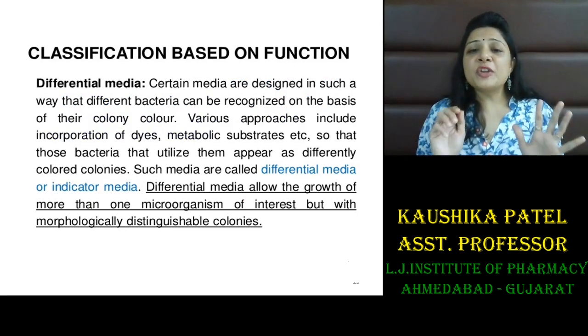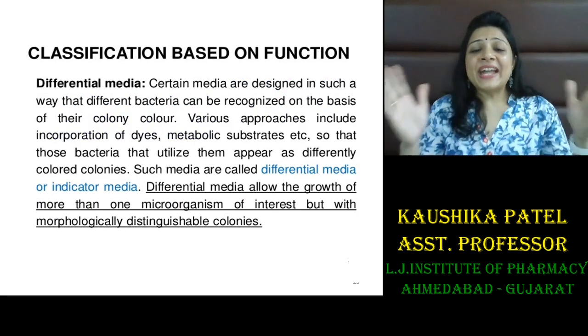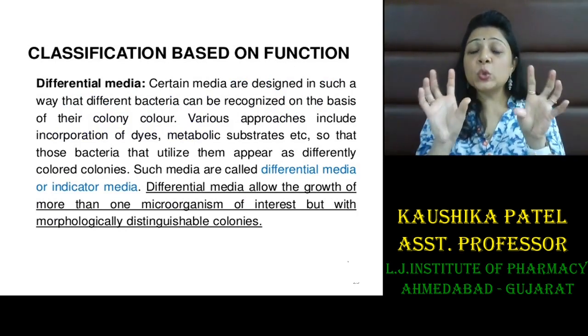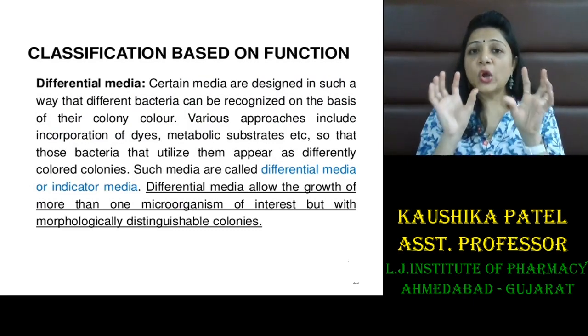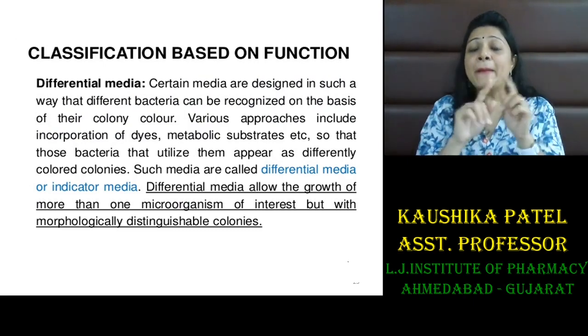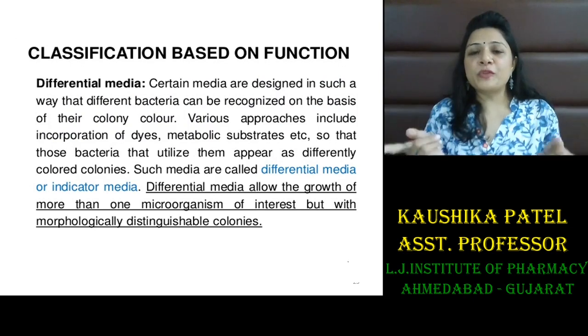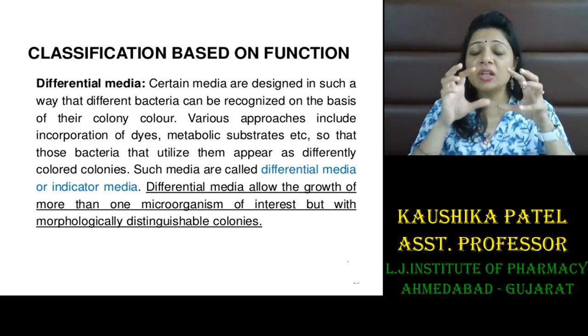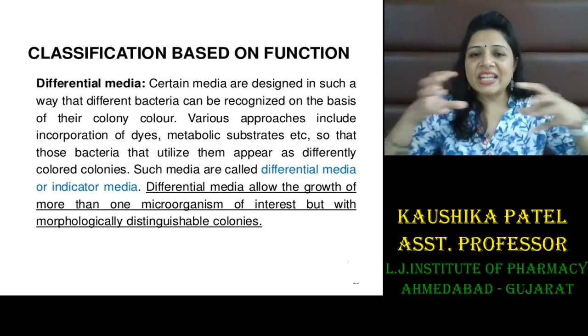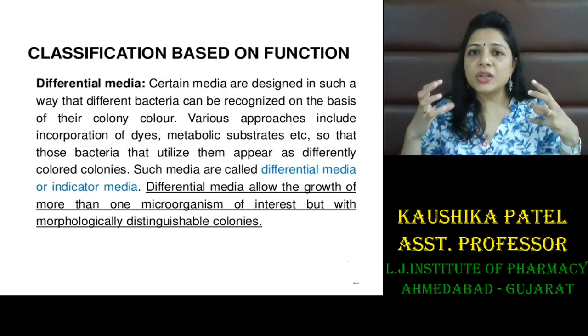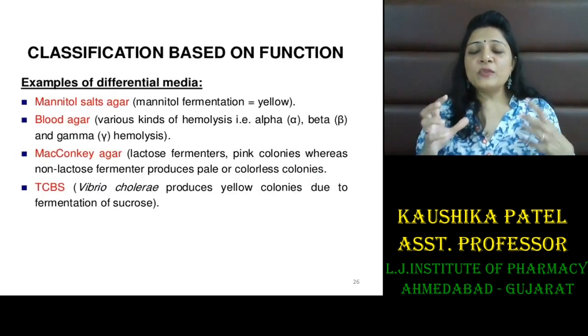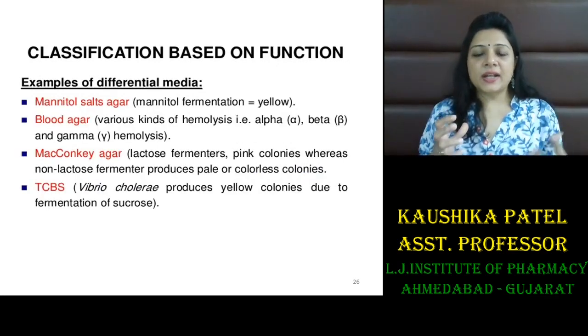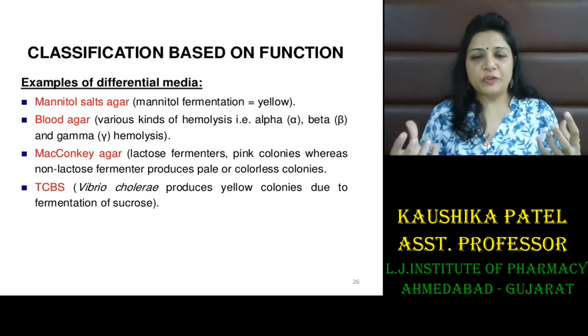Then there is differential medium, which is used to differentiate between two groups of microorganisms on the same culture medium based on their cultural and morphological characteristics. It does not contain any inhibitory substance. Based on the cultural characteristics, you can differentiate the two different groups. For example, MacConkey agar is both selective and differential.